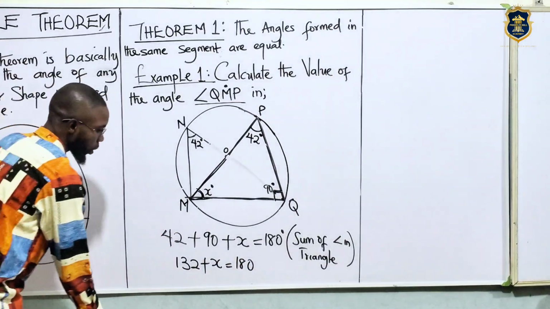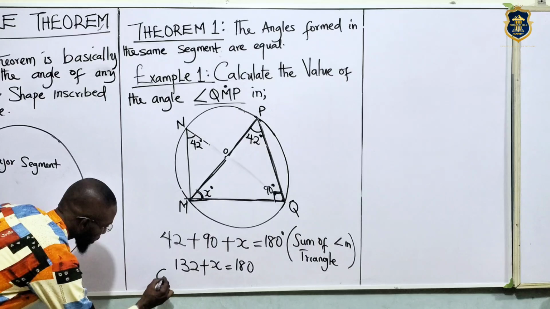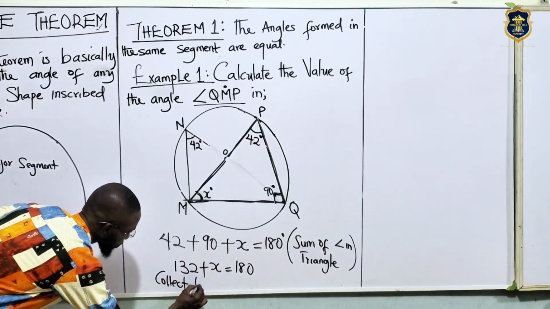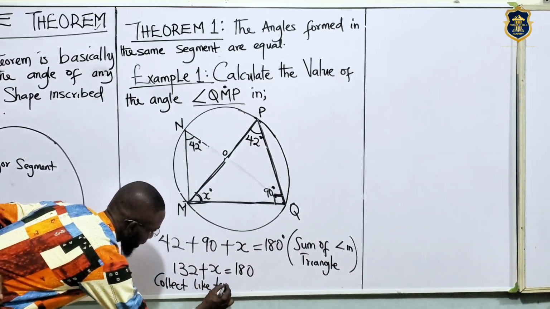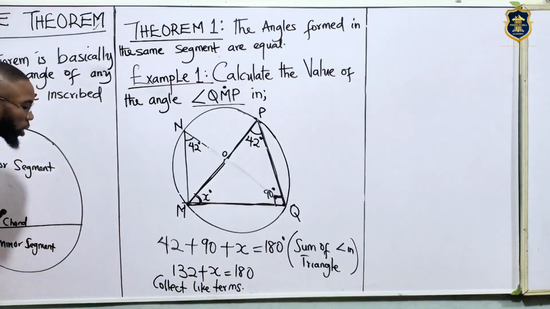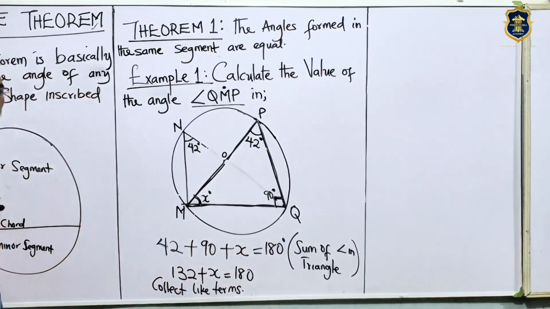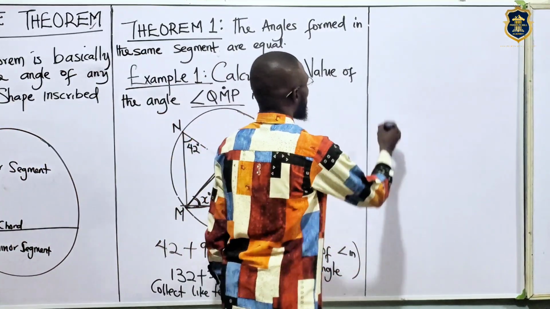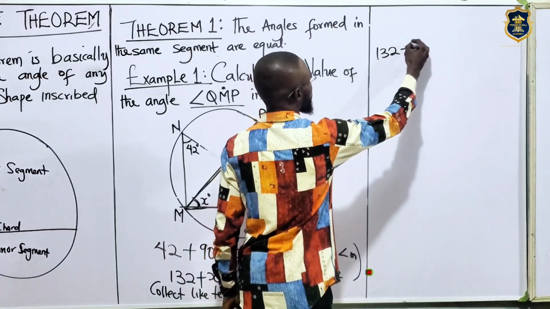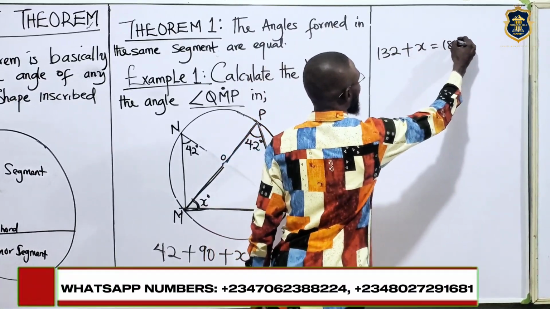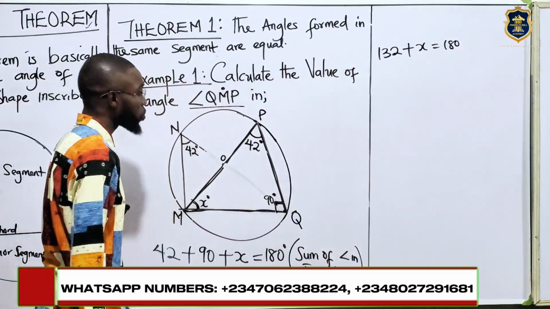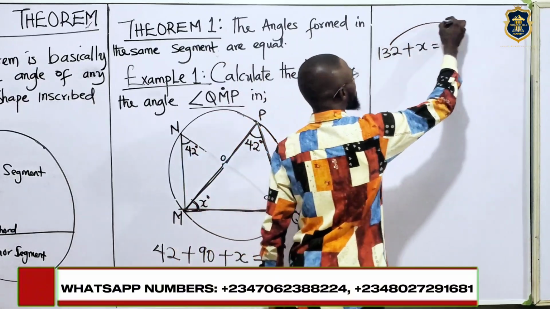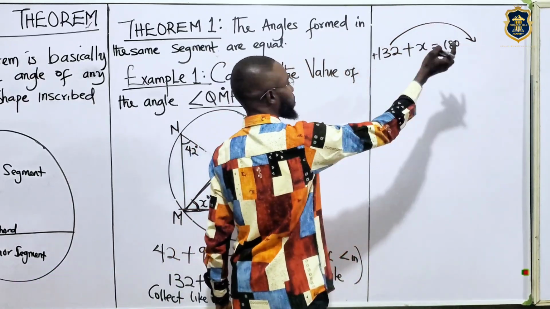So what do we do? We collect like terms, right? How do we do that? We move this 132 over to this other side. So that becomes 132 plus x, giving us 180, of which you know what the reason was. If we move 132 to this part, this plus here becomes minus, right?